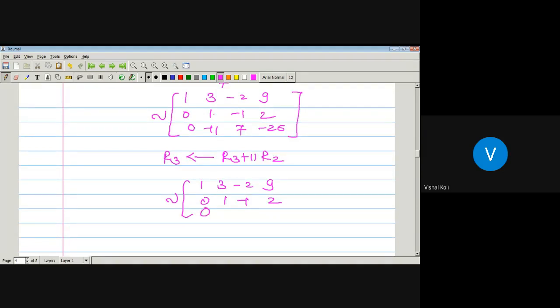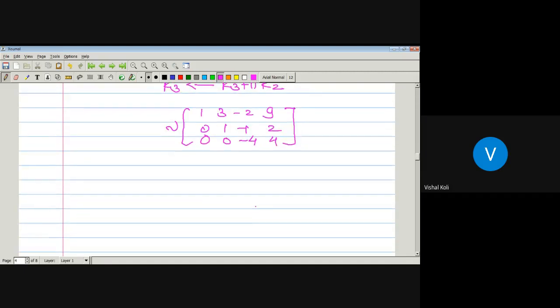Minus 11 plus 1 into 11, which is 11, minus 11 plus 11, 0. 7 minus 1 into 11, 7 minus 11, minus 4. And last one, minus 26 plus 11 into 2, 22, minus 26 plus 22, minus 4.